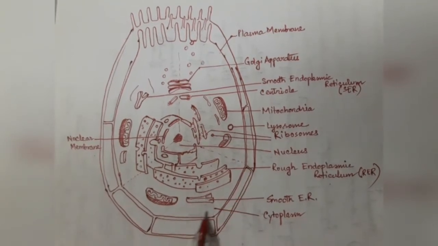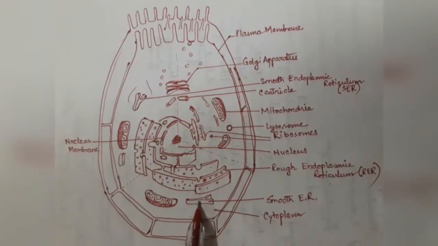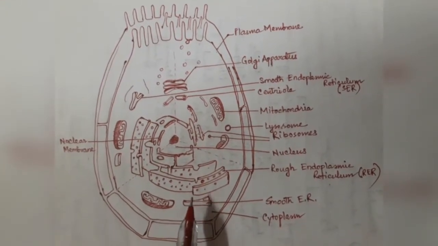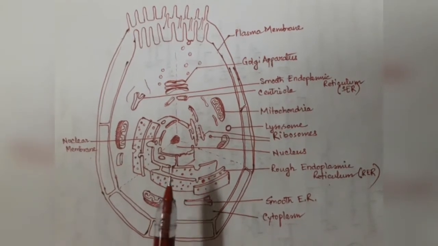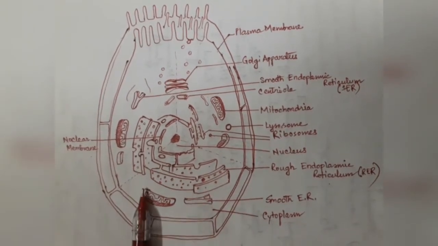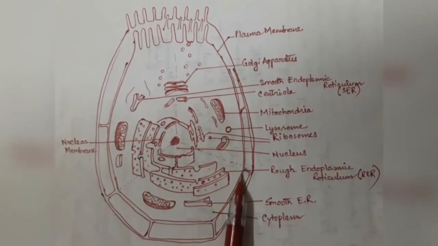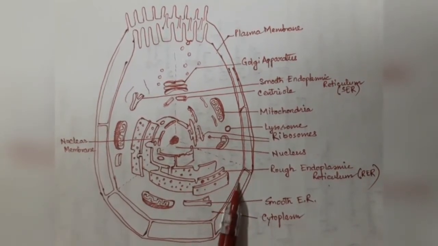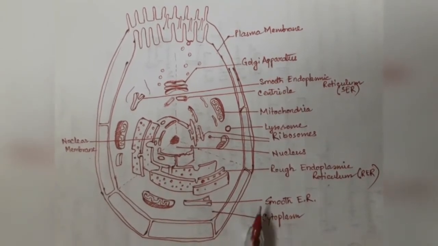This is the plasma membrane, right? So it is present inside the plasma membrane, because if we talk about any generalized cell, whether animal cell or plant cell, it is the plasma membrane next to which is your cytoplasm, right?